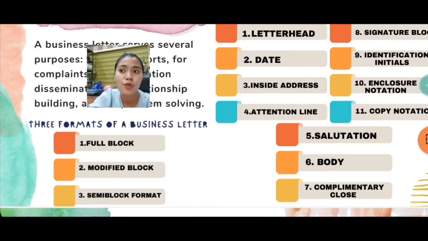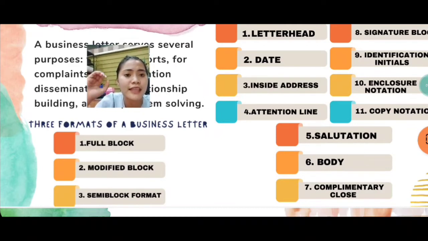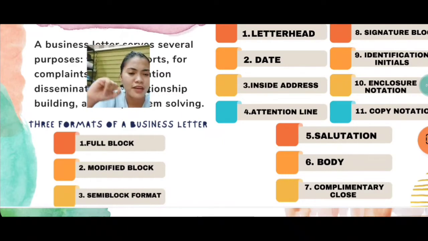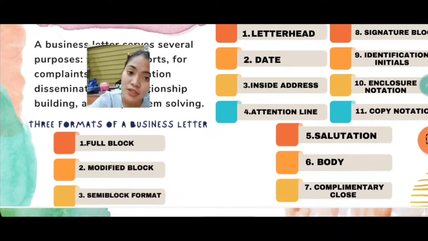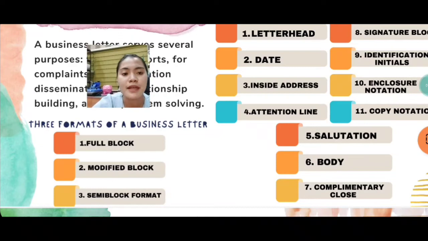And it can appear in different formats: Dear Sir, Dear Ma'am, Dear Mister, Madam, like that. Those are the formats of writing a salutation.